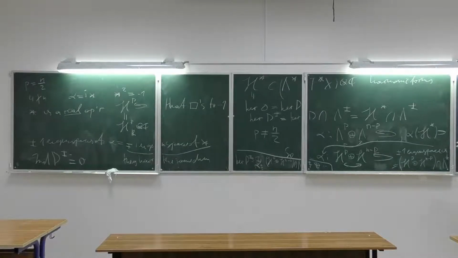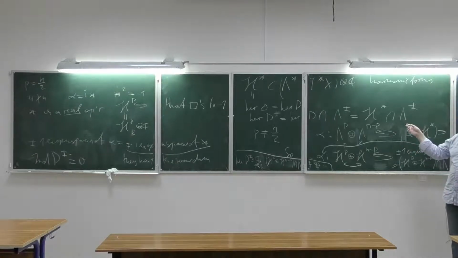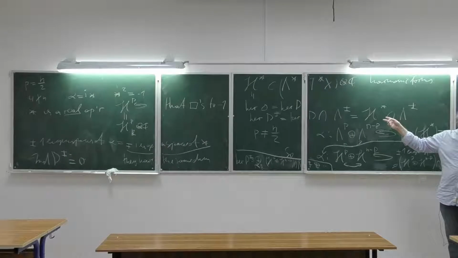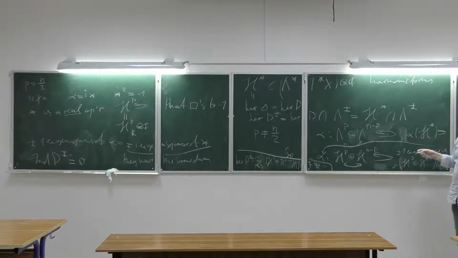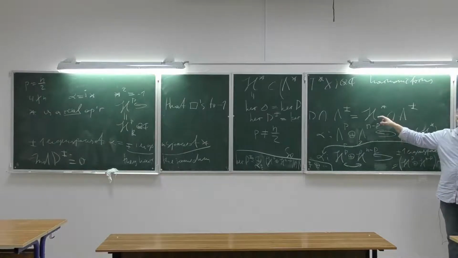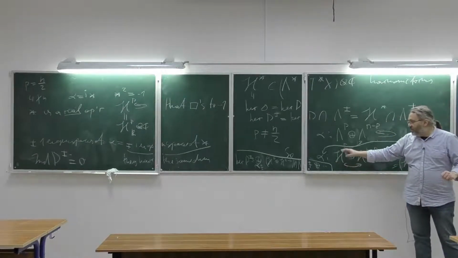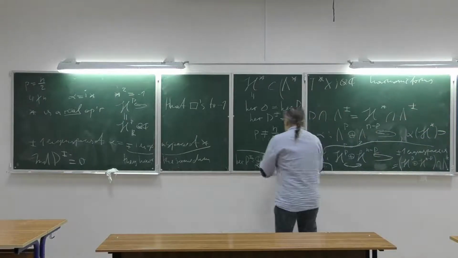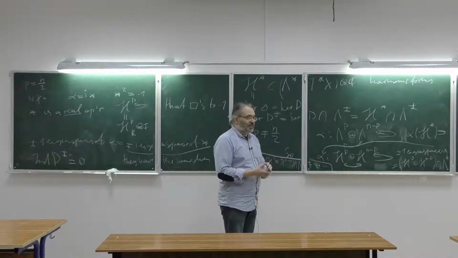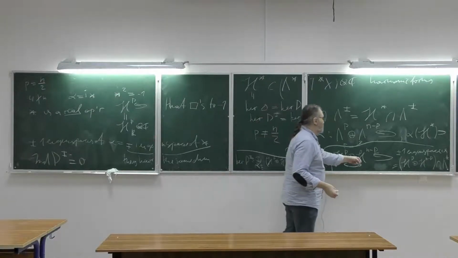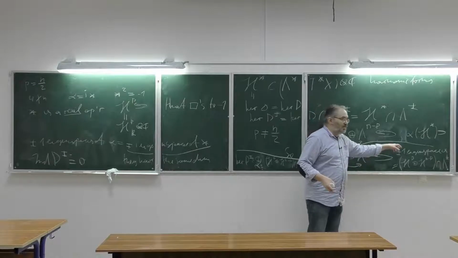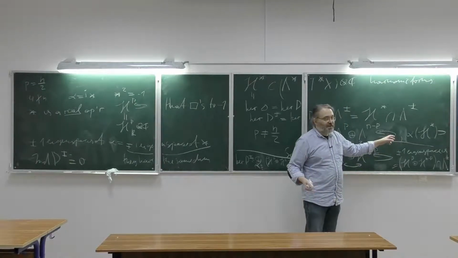My claim is these are precisely the plus and minus eigenspaces of alpha acting on H star. First, I notice that alpha acts on this sum, which includes everything apart from the middle degree. There I have the plus and minus eigenspaces, which have the same dimension.